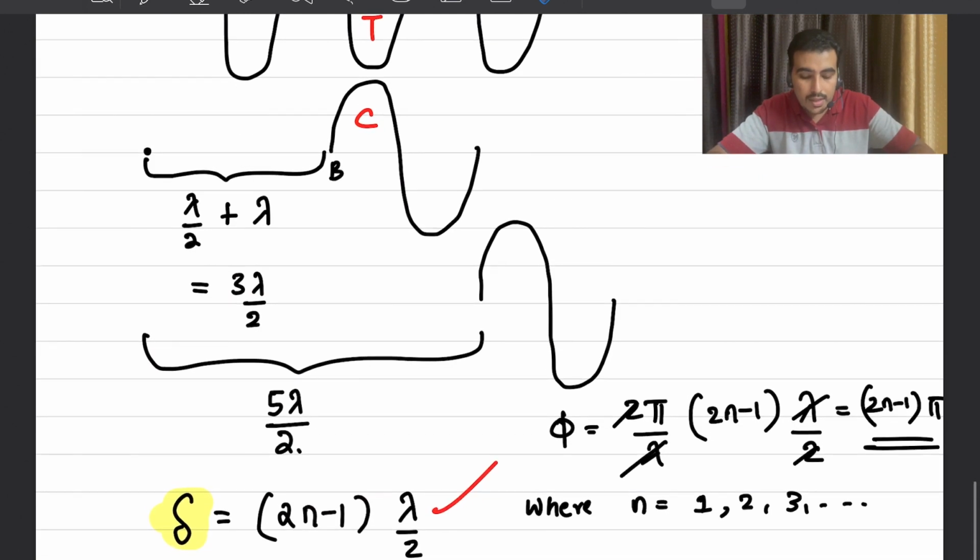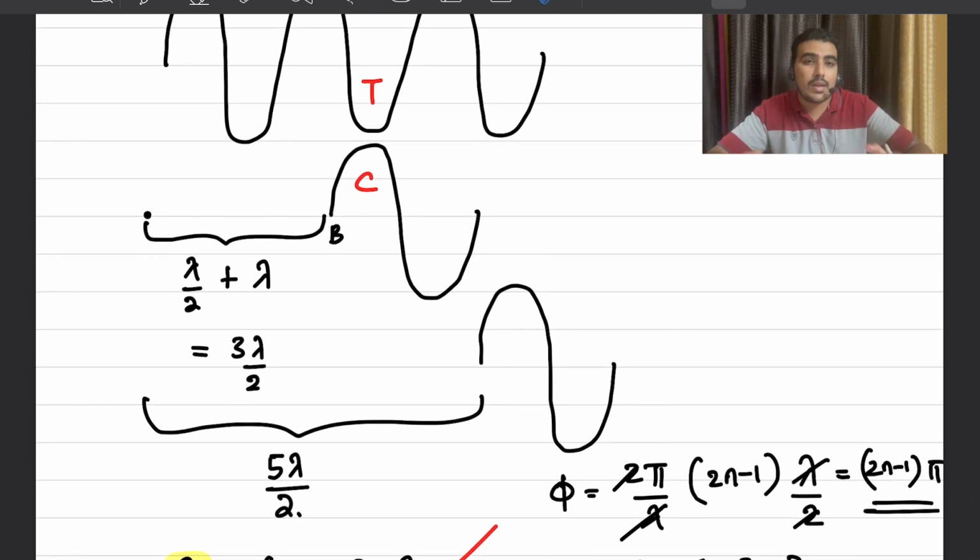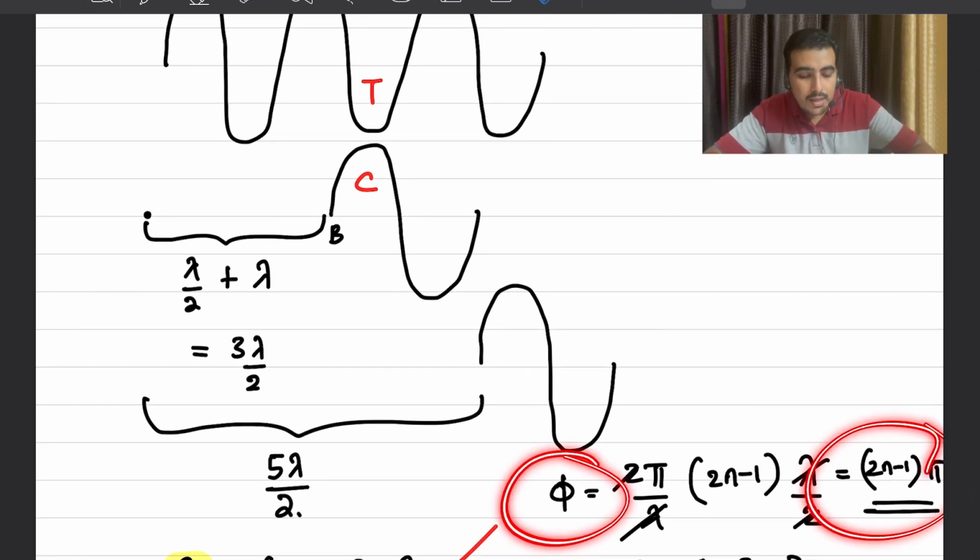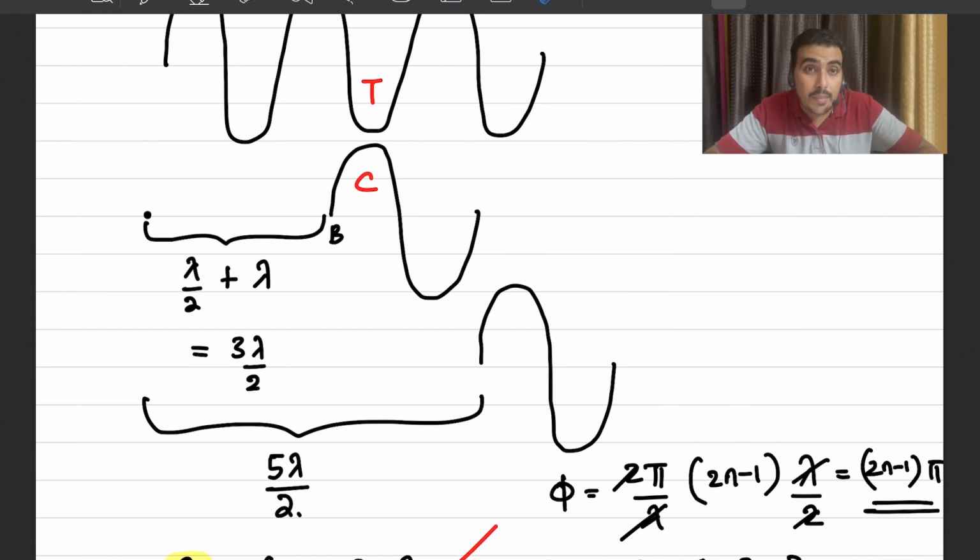So you can generalize it by saying the path difference equal to odd multiple of lambda by 2, that you can write as (2n minus 1) times lambda by 2 or (2n plus 1) lambda by 2, but we prefer the first one just because it starts from n equal to 1 and there is no zeroth dark band. And finally you get the phase difference phi, which is equal to (2n minus 1) times pi.